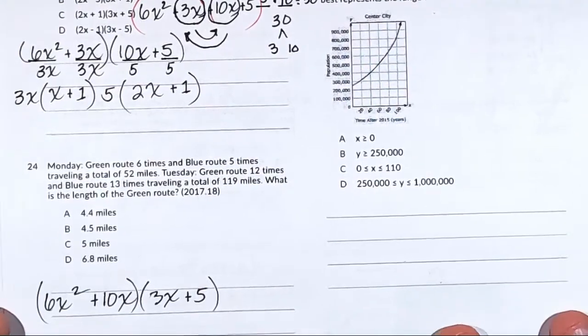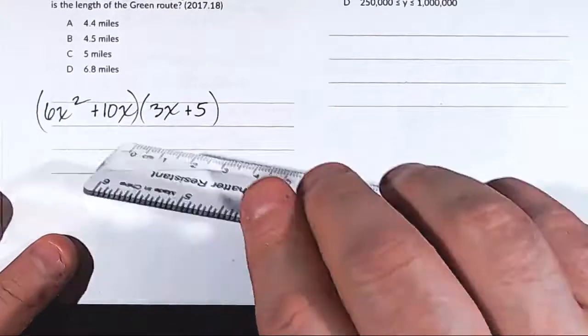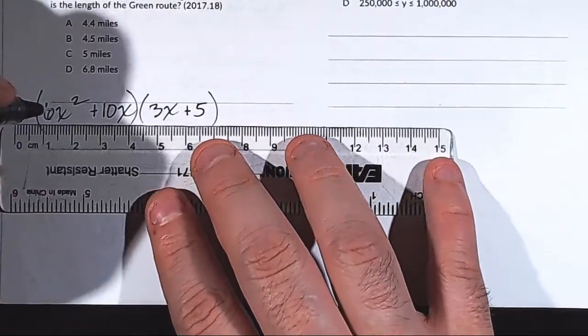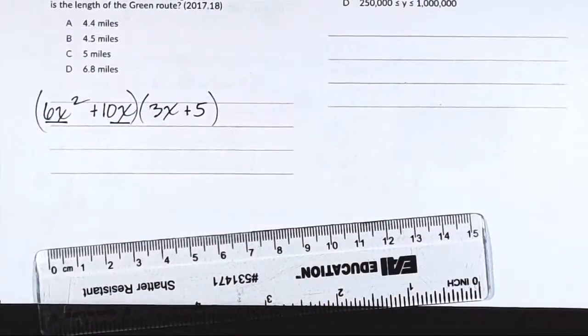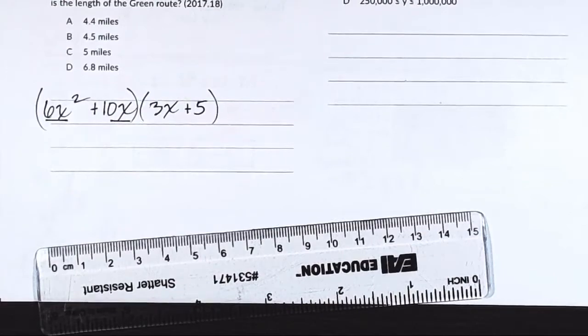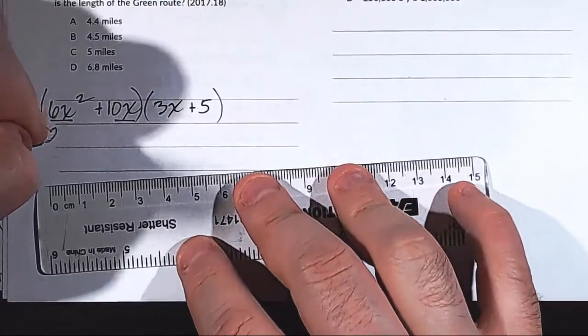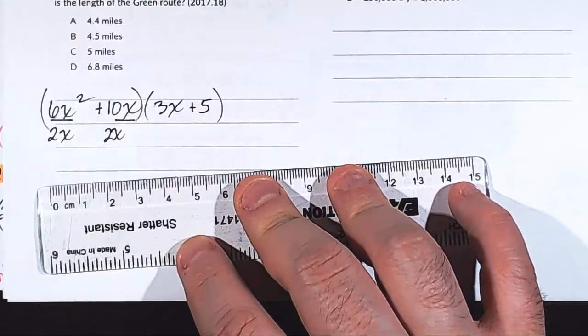Okay? And now I will try to factor this. What is the greatest common factor for this first binomial? What can I divide out of both of them? Well, I could divide out a 2, couldn't I? And I could divide out an x, so I could divide out a 2x. Right?